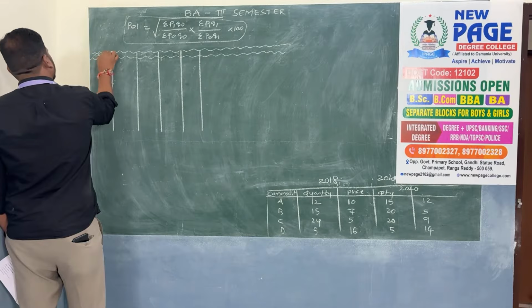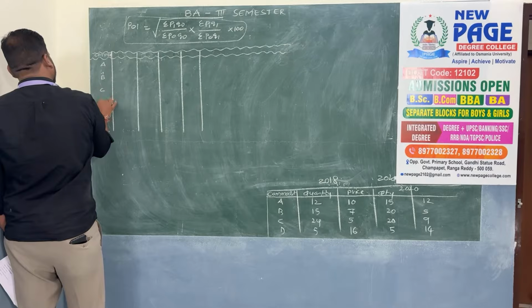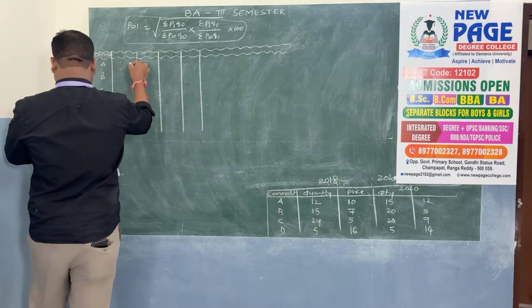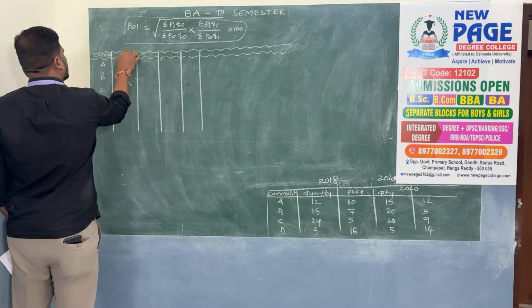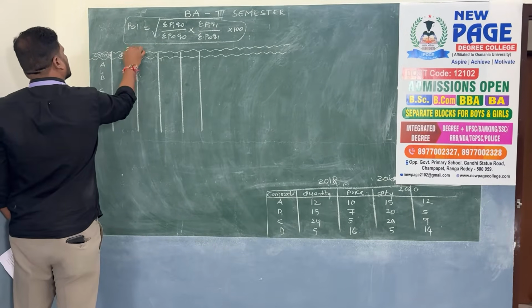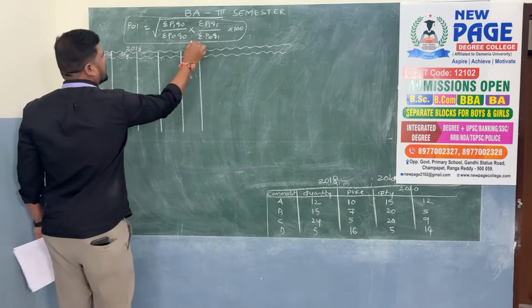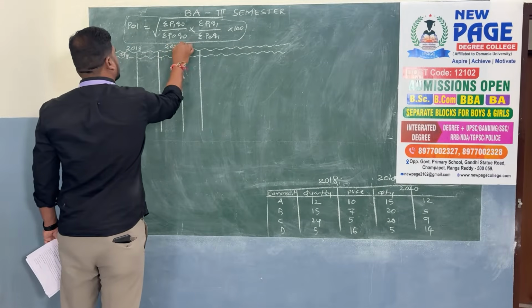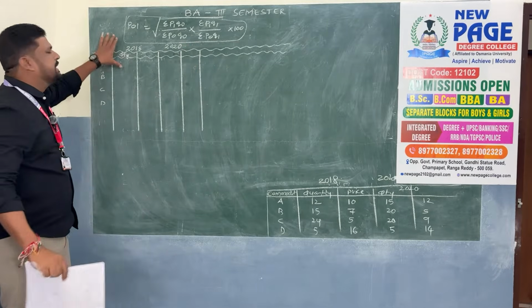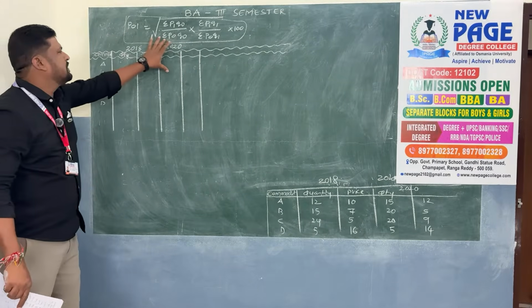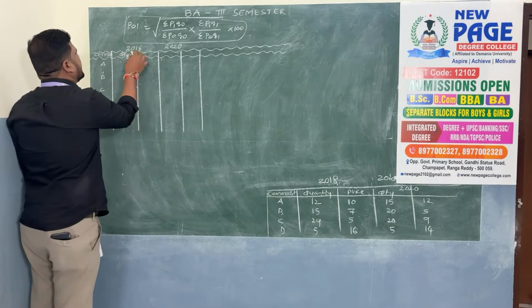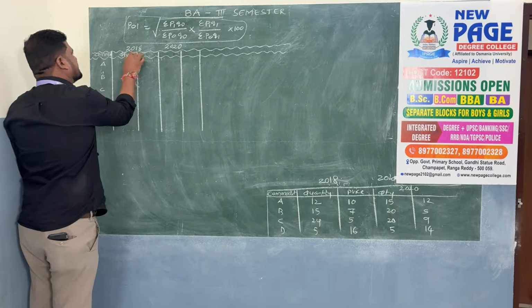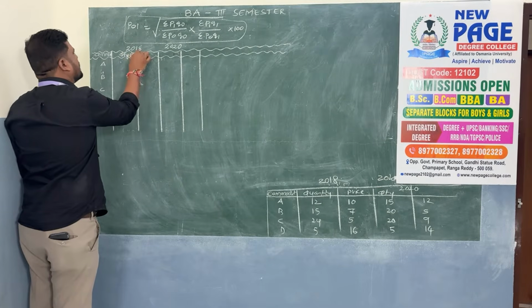Commodities A, B, C, D. Quantity and price for 2018 and 2020. 2018 refers to the base year, 2020 refers to the current year. 2018 quantity refers to Q0.